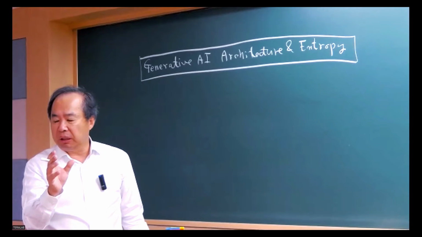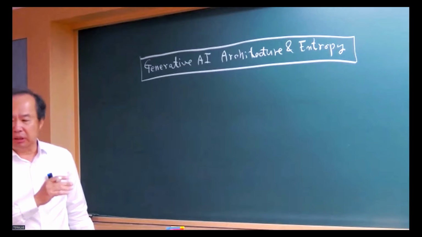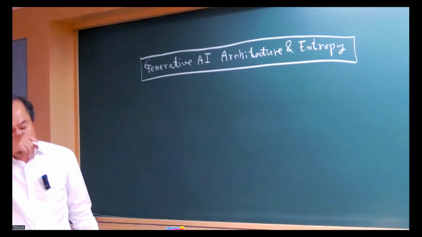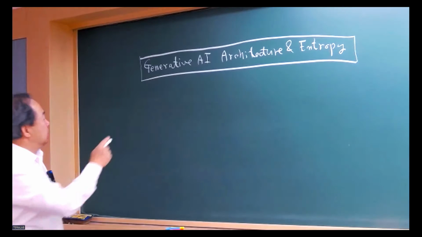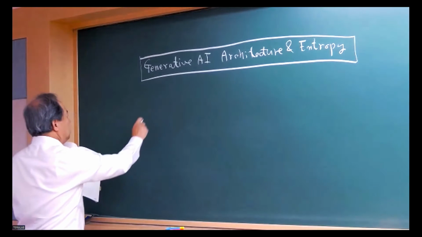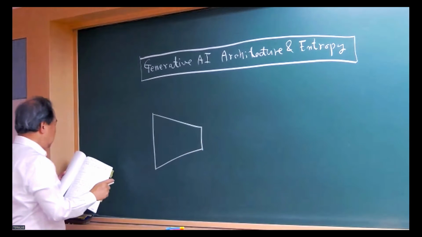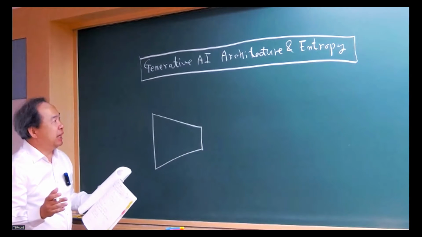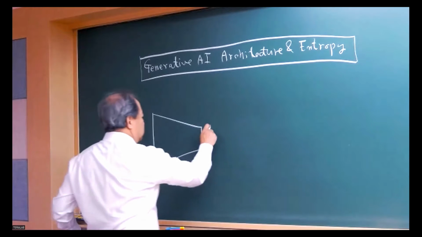Those four different loss functions are commonly used in generative AI. At the end of this class today, I'm going to explain how we're going to use those loss functions to train generative AI architectures. Usually, not 100%, but usually generative AI architecture has an encoder-decoder structure.